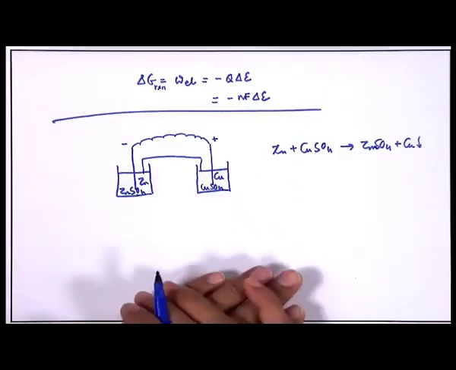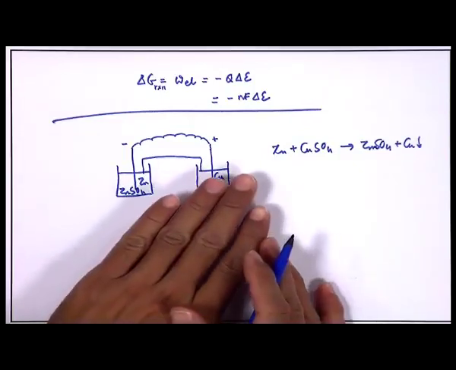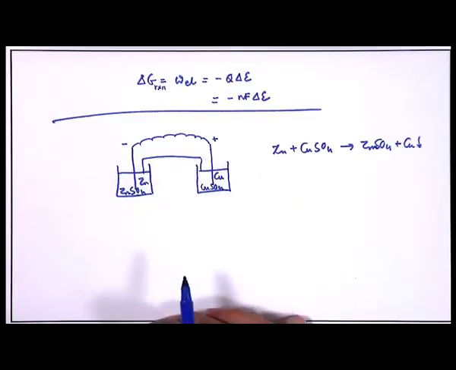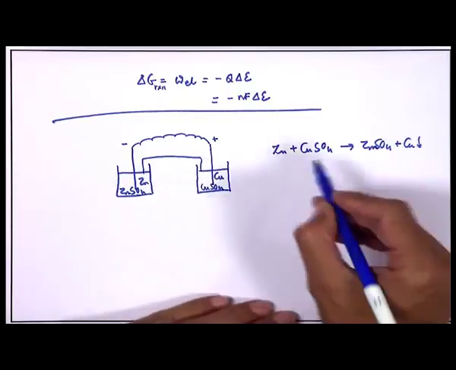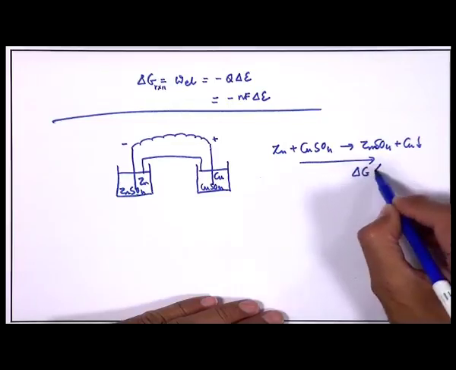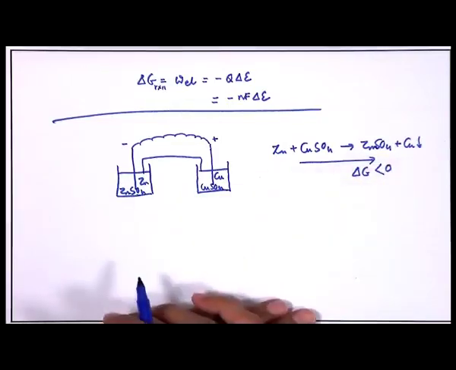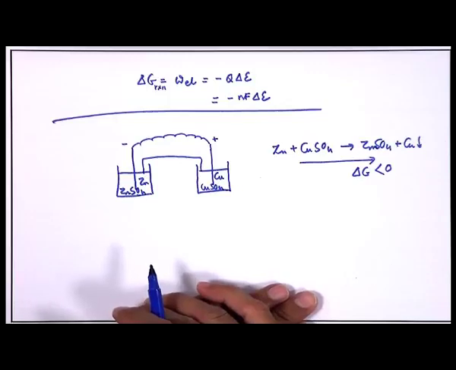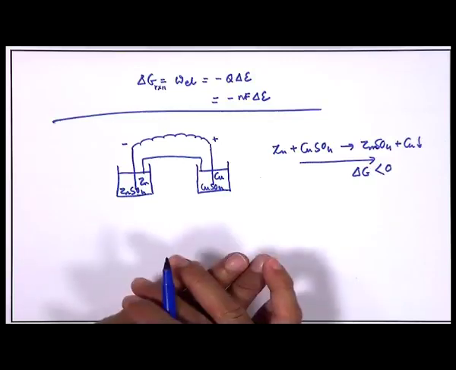This is the normal trend, the spontaneous process, because if you go in this direction, delta G will be less than 0. This is the natural direction of the process.